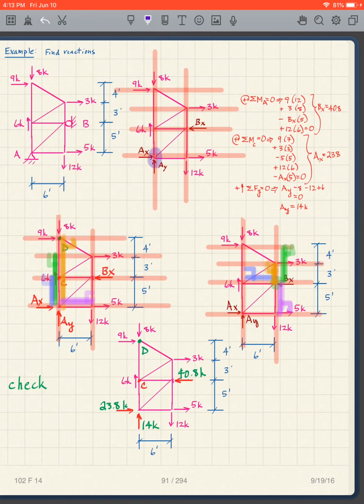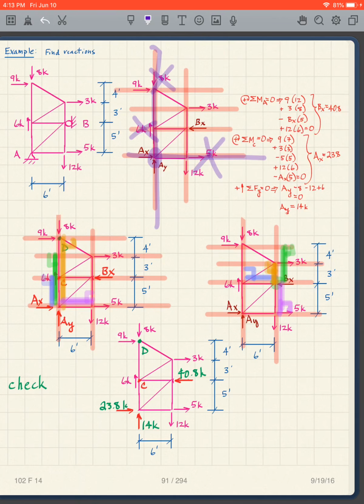And so I start with taking moments about A here. And what do I find? Well, a number of forces sort of drop out. This force goes through, that one goes through, and that one goes through. So which forces do I eliminate? Well, that 8 kips doesn't matter. That 6 kips doesn't matter.